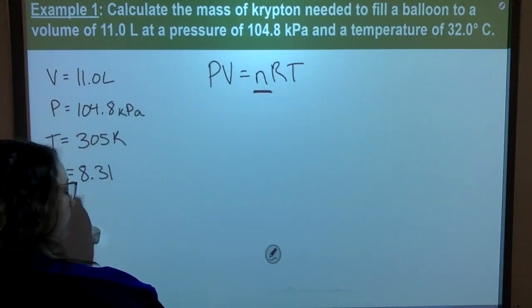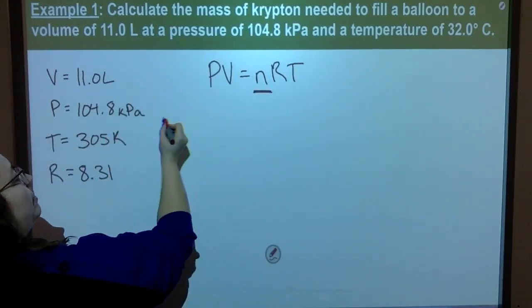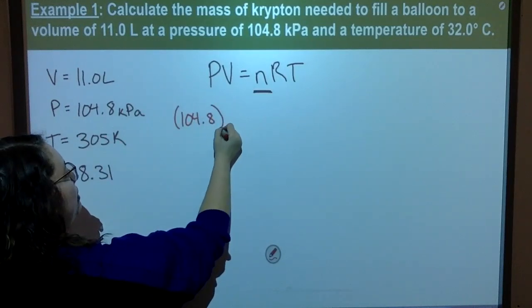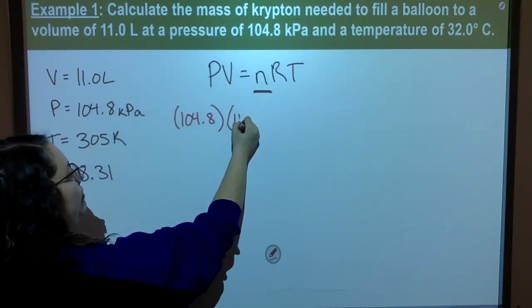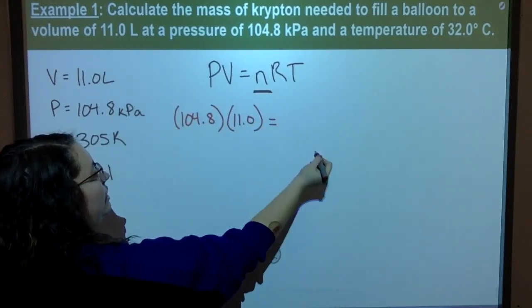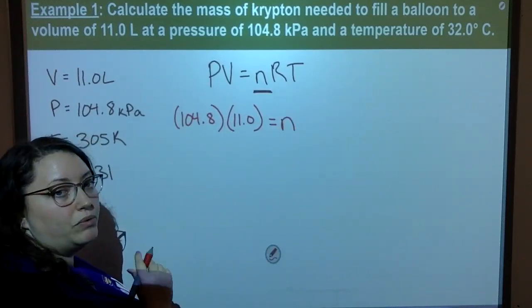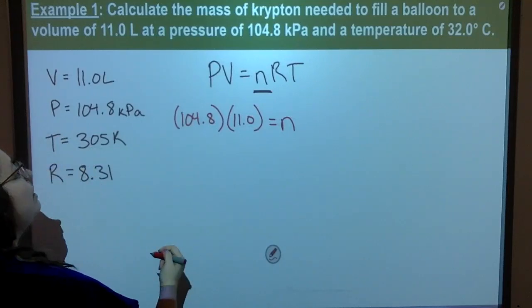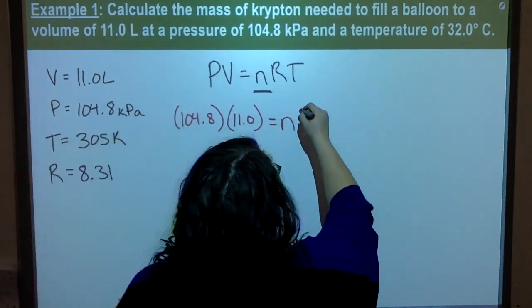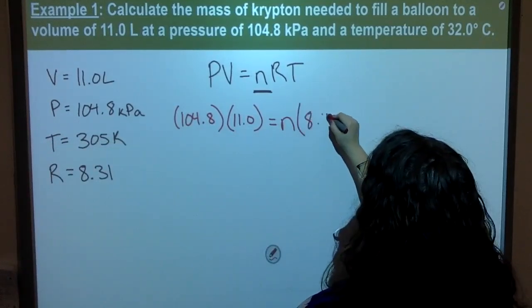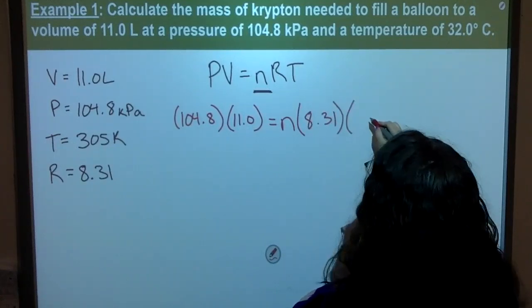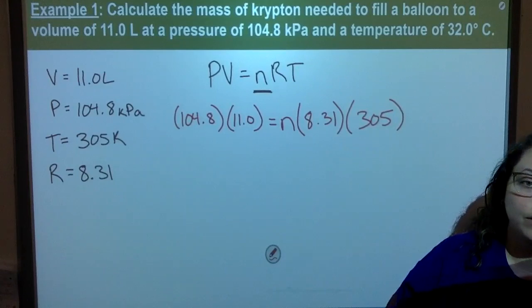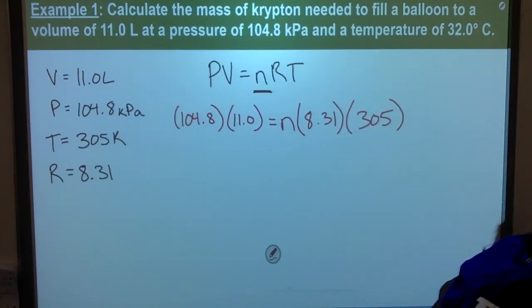So we're just going to get started. Our pressure is going to be 104.8 times the volume of 11.0, and that is equal to N, and we'll deal with the mass after we solve for N. We're going to have R, which is 8.31, times the temperature of 305. So we're going to go ahead and just calculate this.